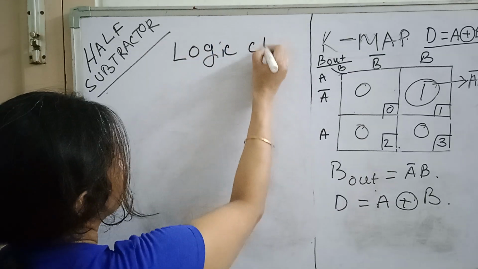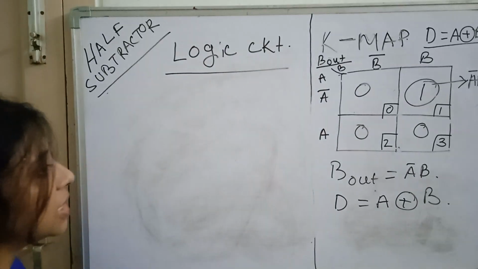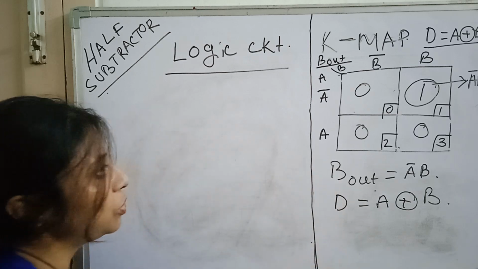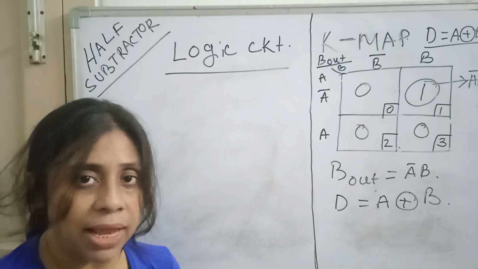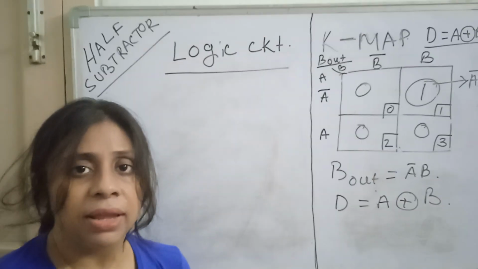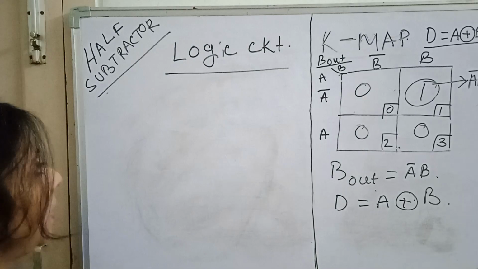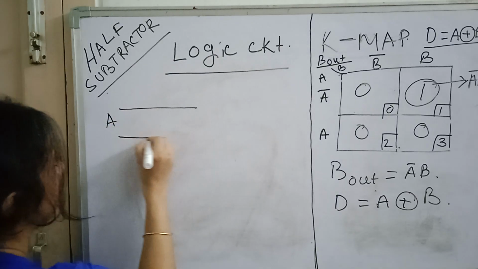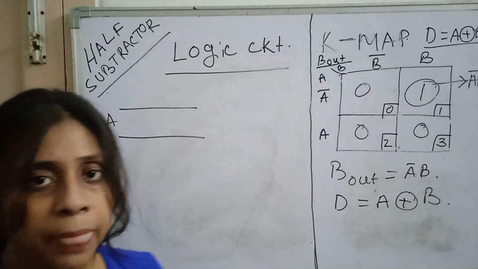While we are doing the logic circuit, please keep in mind that you need to take all the inputs for designing that particular circuit. In this case, how many inputs are there? There are two inputs, A and B. So, input A and input B. These are the two inputs.